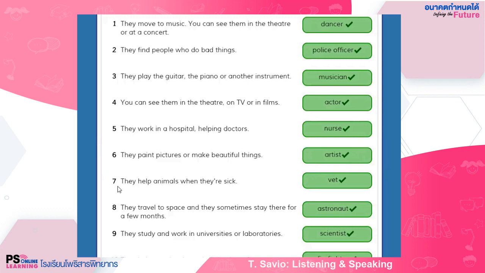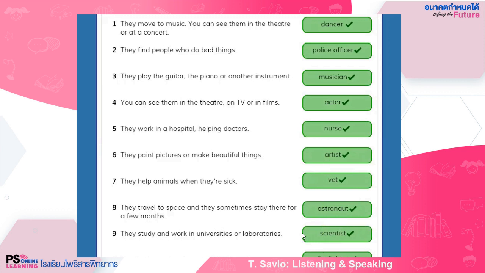Number 7, they help animals when they're sick. A vet. Number 8, they travel to space and they sometimes stay there for a few months. An astronaut. Next, number 9, they study and work in universities or laboratories.